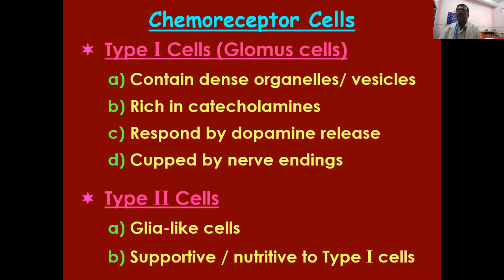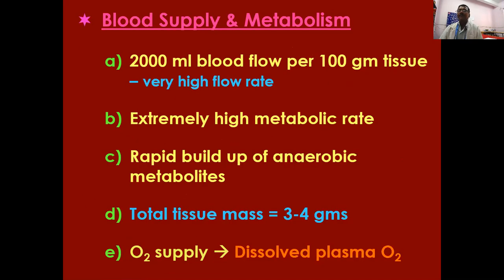Now, the chemoreceptor cells are known as type 1 cells, also called glomus cells, which contain dense organelles or vesicles and are rich in catecholamines, responding by dopamine release, synapsed by the nerve endings. Type 2 cells are glial-like cells, supportive and nutritive to type 1 cells. So this will be a supporting cell to the type 1 cells.